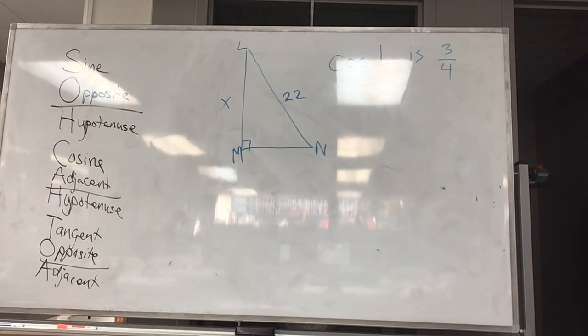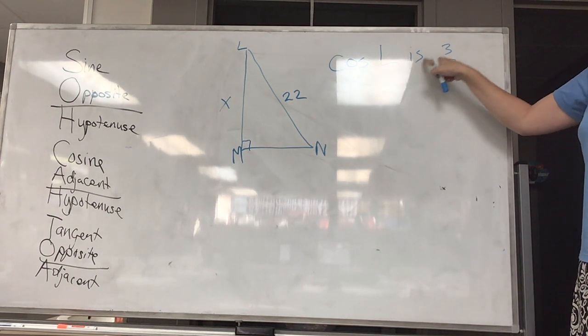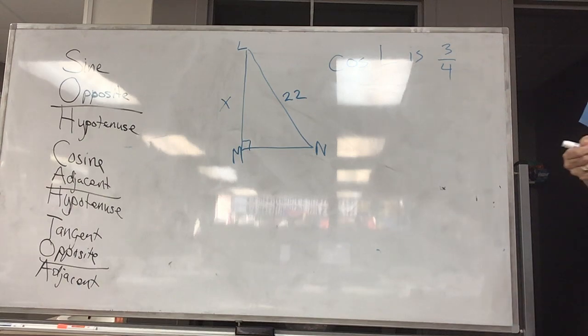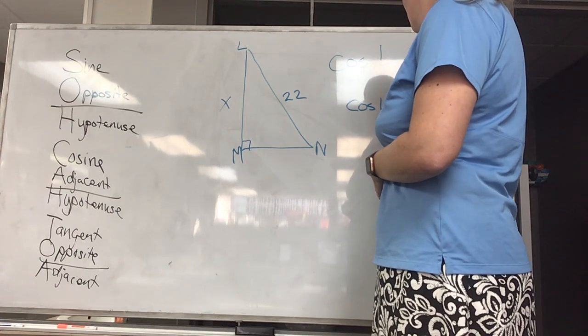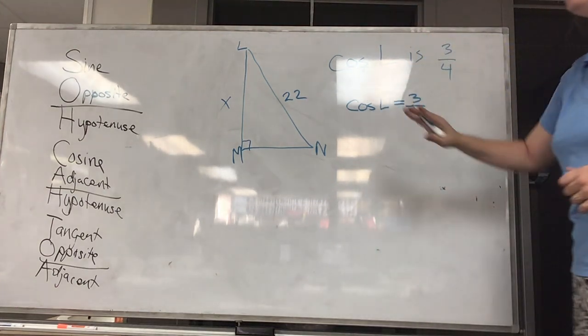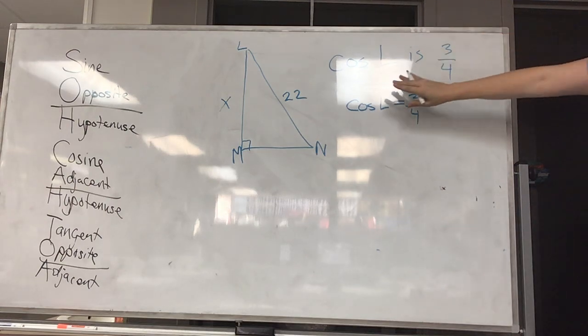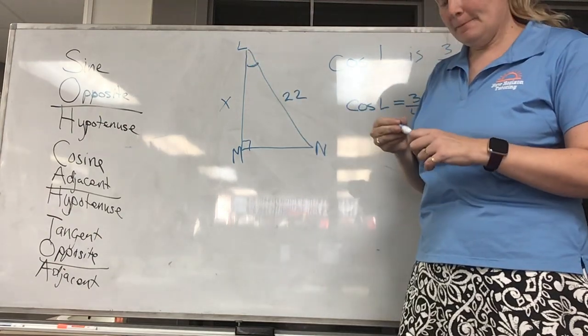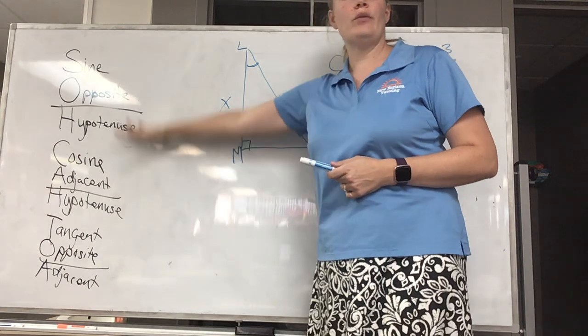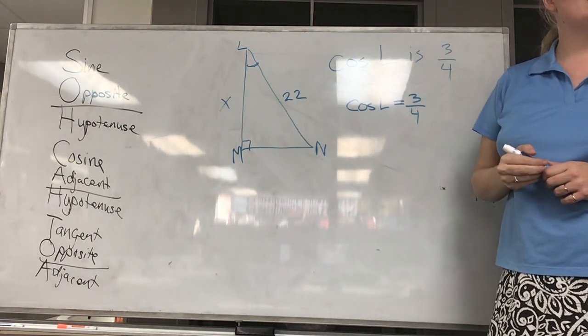This one is less about the calculator and more about understanding what is going on. Okay. So the cosine of L is 3/4. That's part of the given. So ignoring that for a second, here's angle L. According to our trig ratios, what would the cosine of L equal?